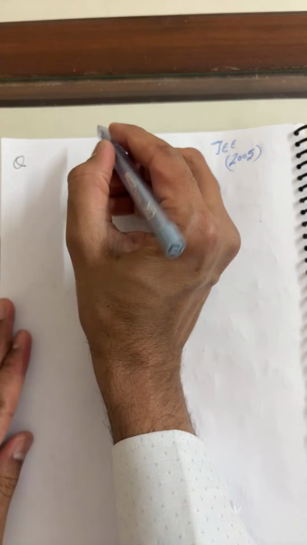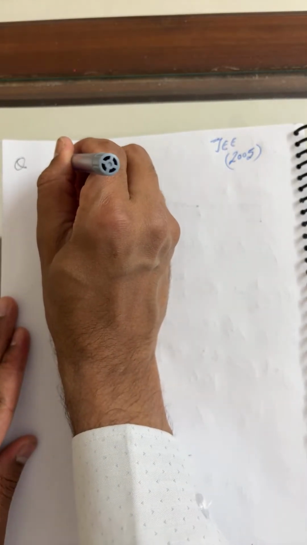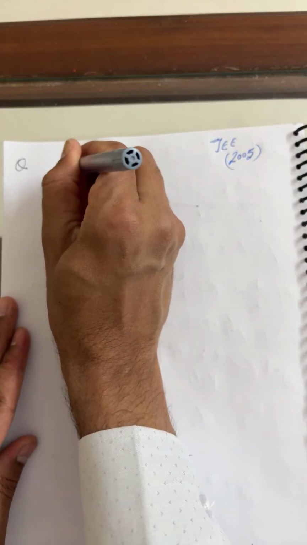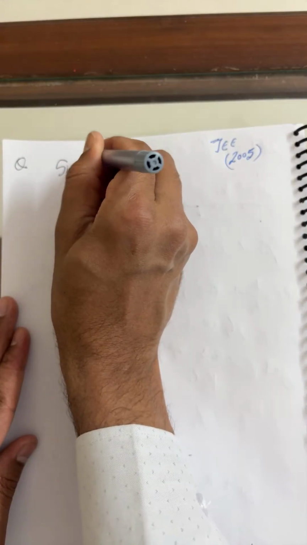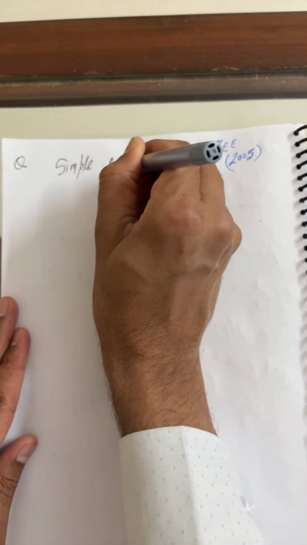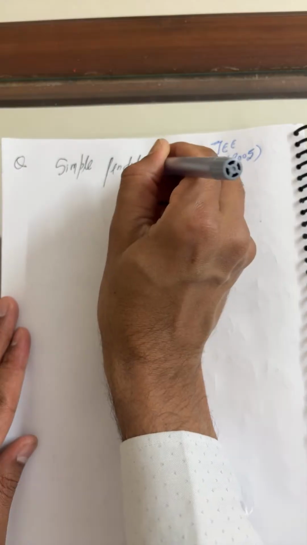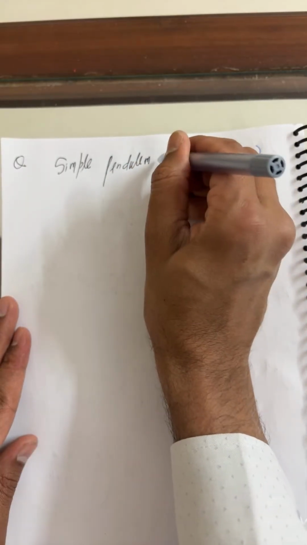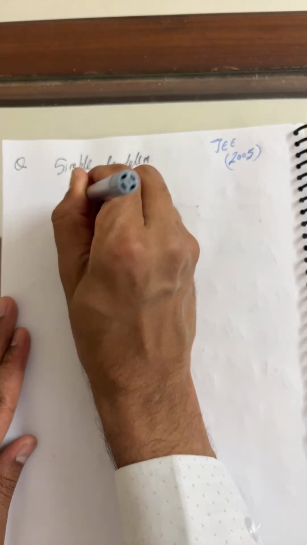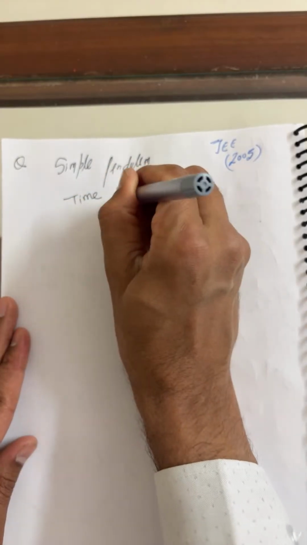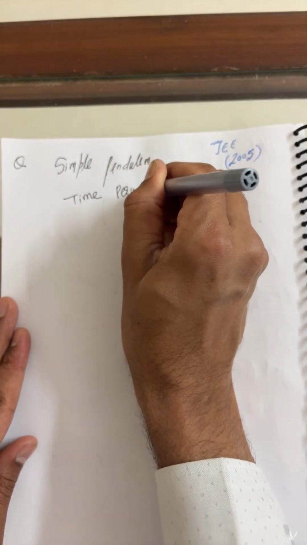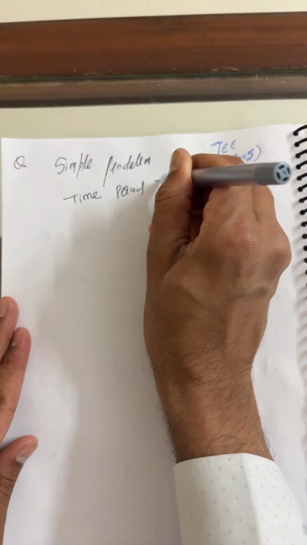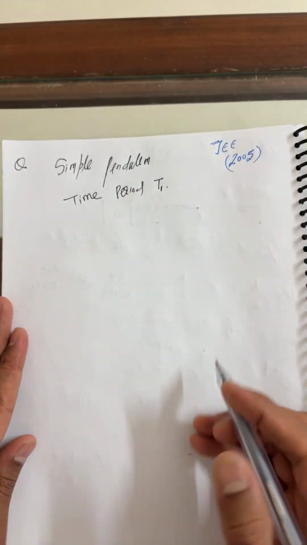A simple pendulum has a time period T1, right? Students, this is a simple pendulum with time period T1.